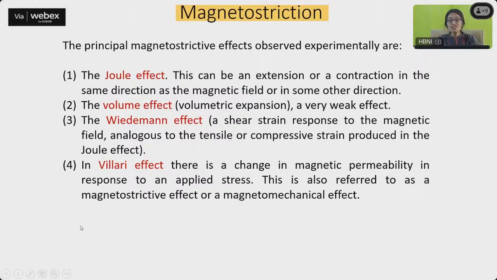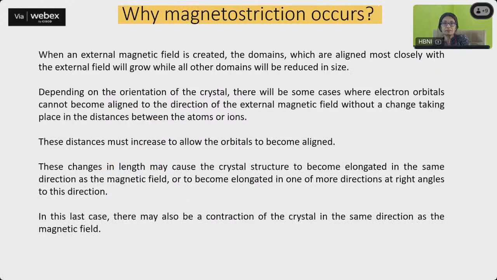And the fourth is the Villari effect, which is a change in the magnetic permeability in response to the applied stress. This is also referred to as a magnetostrictive effect or a magnetomechanical effect. So please understand, you can also observe a change in the magnetic permeability in all these materials which show magnetostriction.